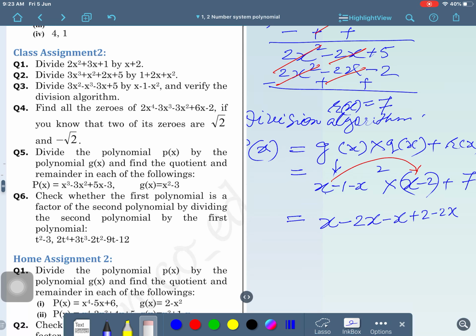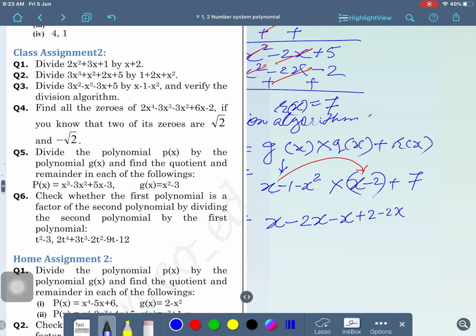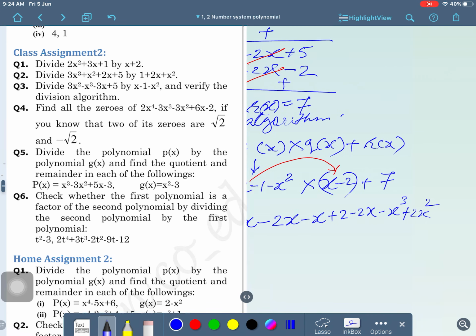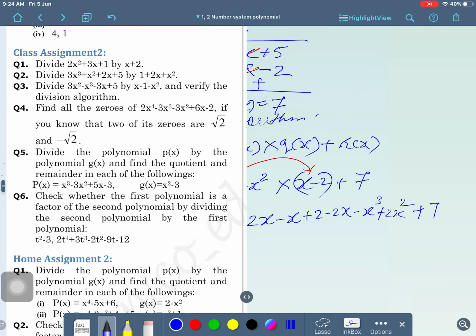Here, is that clear? x into x, x into 2x, 1 and x minus 2, and minus x cube is there also, minus x into minus x cube, minus minus plus 2x square, furthermore plus 7 also there.